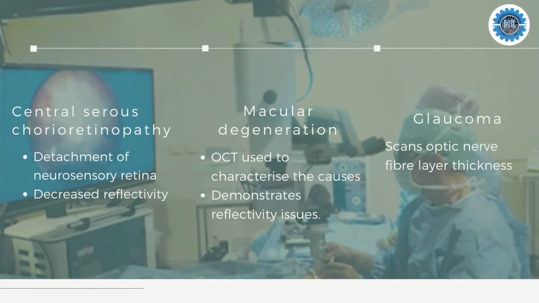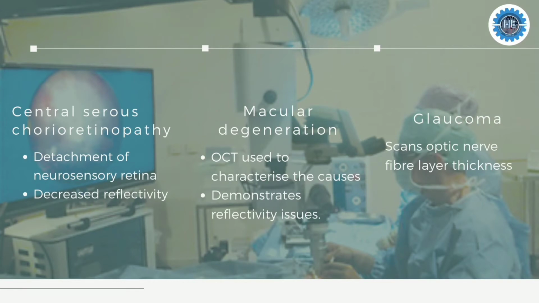In central serous chorioretinopathy, optical coherence tomography demonstrates an area of decreased reflectivity between the neurosensory retina and the highly reflective retinal pigment epithelium or choriocapillaris layer corresponding to a neurosensory detachment. In questionable cases of central serous chorioretinopathy, OCT may be able to exclude subretinal neovascularization and other macular disorders.